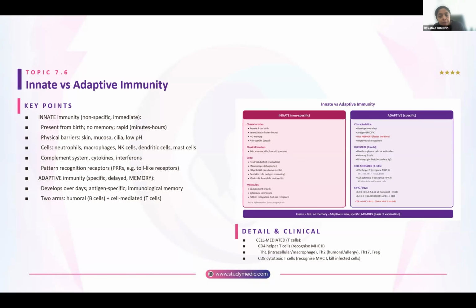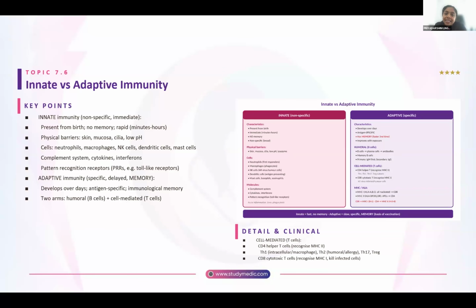Now, coming to adaptive immunity, which means specific immunity. It is a delayed immunity and it has a memory also. This is going to develop over days. Here you have antigen specificity and an immunological memory. For adaptive immunity, there are two different terms you have to keep in mind. One is your humoral, that is your B cell immunity.